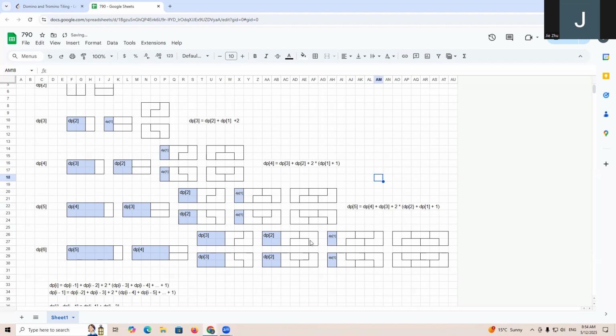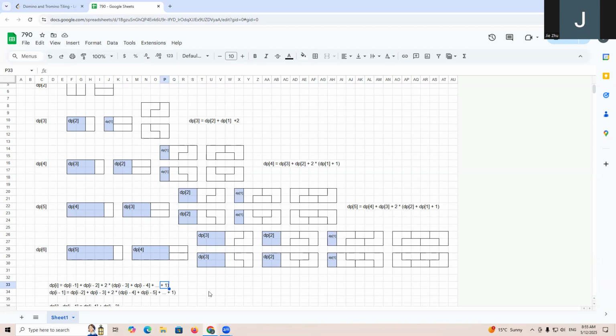And dp6 will be dp5 plus dp4 plus 2 multiplied by dp3 plus dp2 plus dp1, plus 1 and then plus 1. So we see it will always have this formula: dp[i] equals dp[i-1] plus dp[i-2] plus 2 multiplied by dp[i-3] plus dp[i-4] until dp[1], and plus 1.